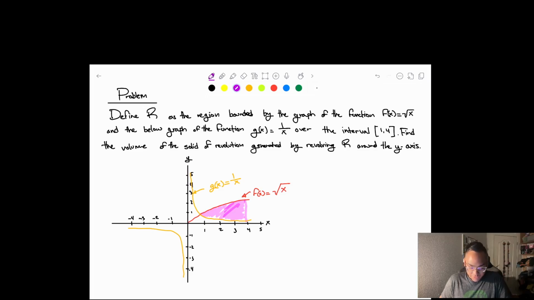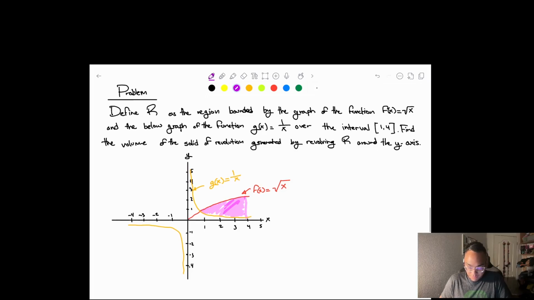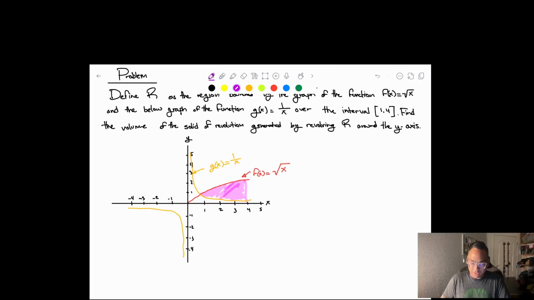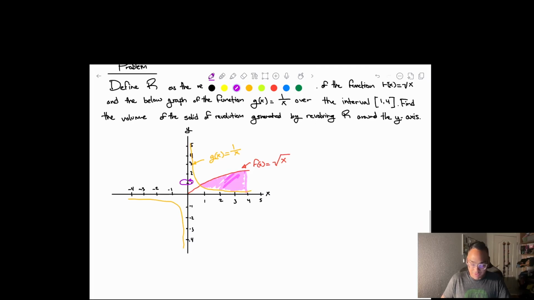Find the volume of the solid of revolution generated by revolving R around the y-axis. Basically, you have this pink region, almost like a cone-like shape, and it's going to revolve around the y-axis. It's going to spin around and make a bit of a washer kind of shape. If you take this object and spin it around, that's what you're going to get.